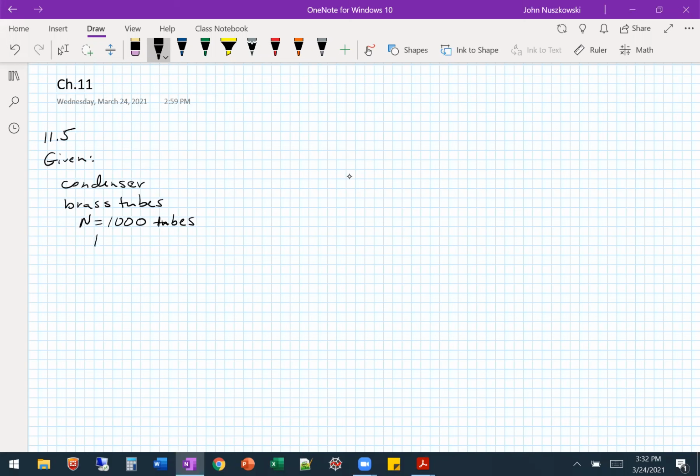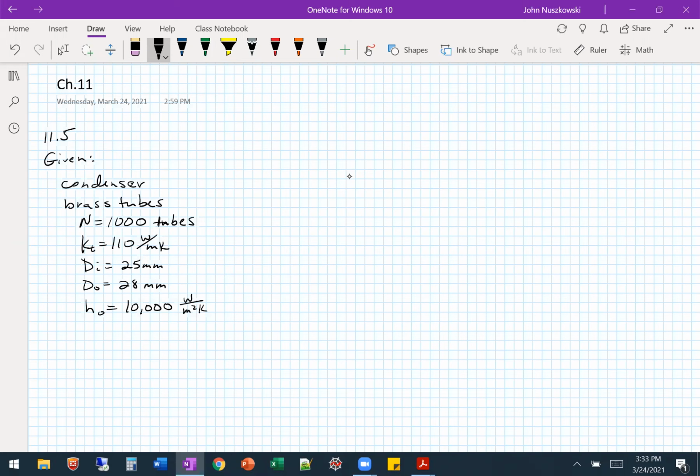The thermal conductivity of the tubes is 110 watts per meter Kelvin. The inner diameter is 25 millimeters. The outer diameter is 28 millimeters. The convection coefficient is 10,000 watts per meter squared Kelvin.